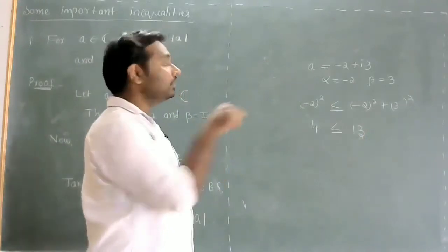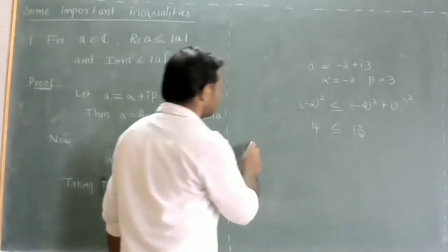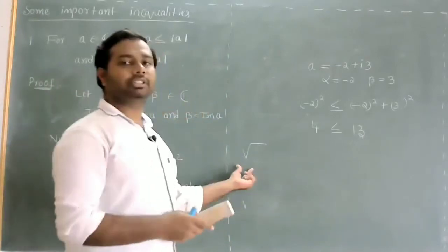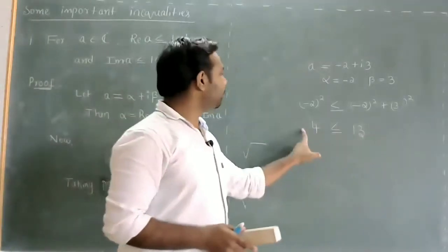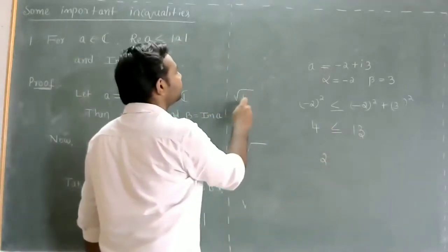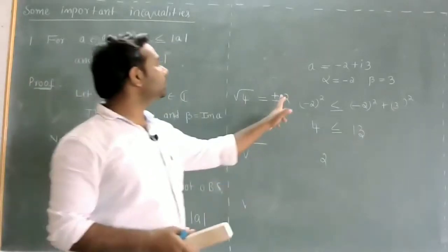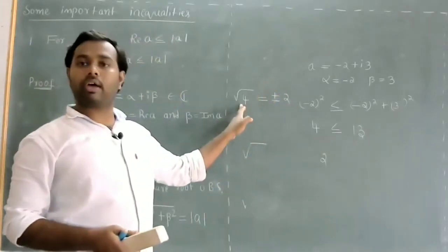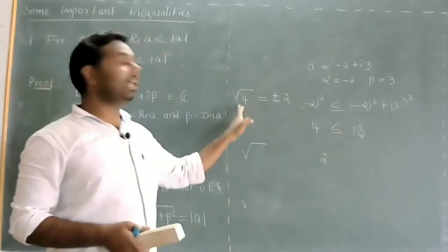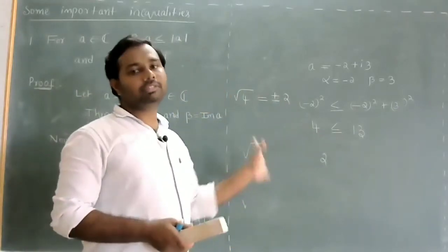Now taking the positive square root on both sides. The positive square root of 4 is 2, because the square root of 4 is plus or minus 2. Plus 2 is called the positive square root of 4, minus 2 is called the negative square root of 4. So here I am considering only the positive square root.